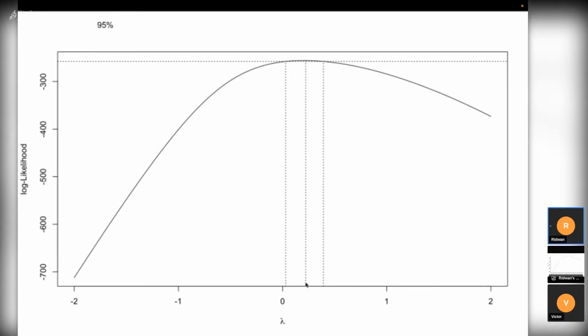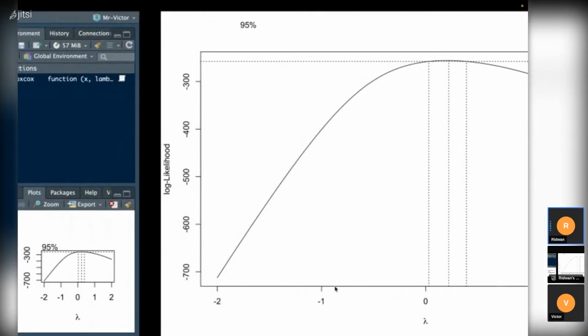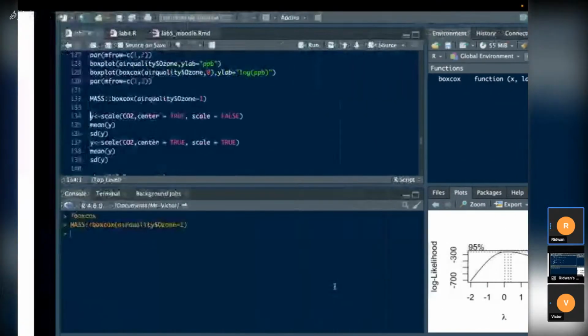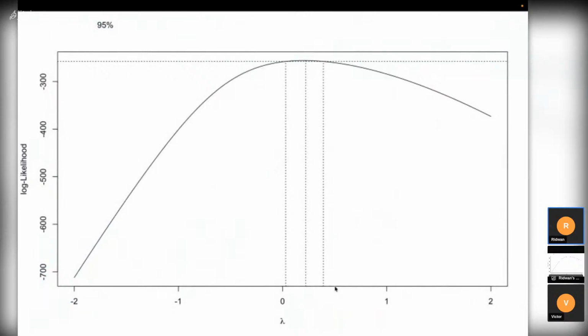You see they are between 0 and 0.5. So those are the values of the lambda you can give. I don't know if it's clear. In this case, you pick one of the lines that you are going to use.